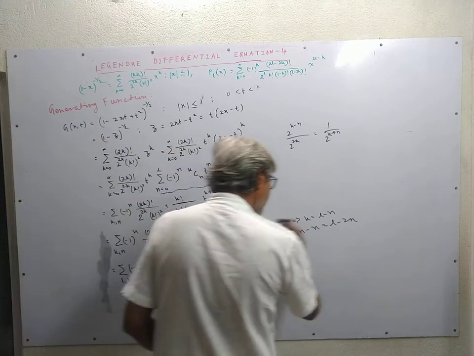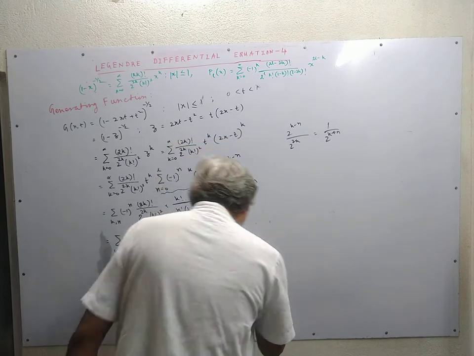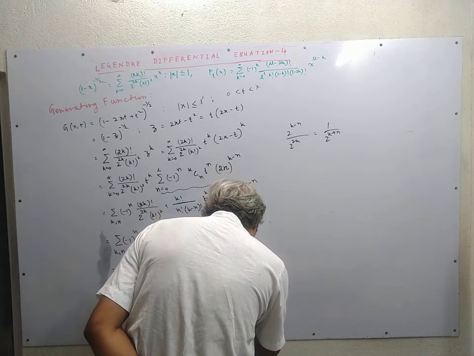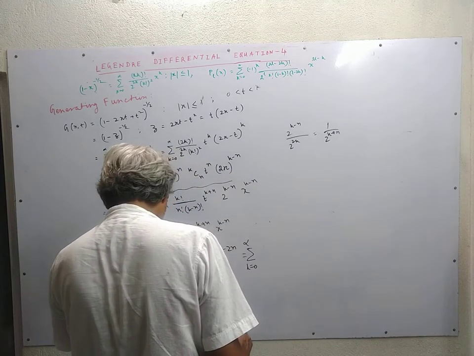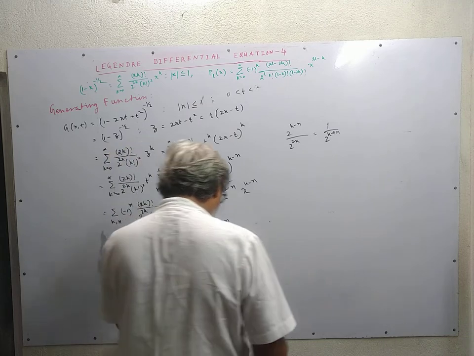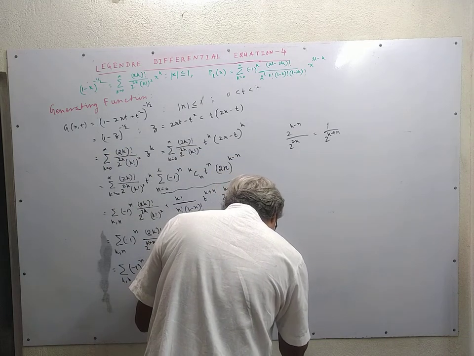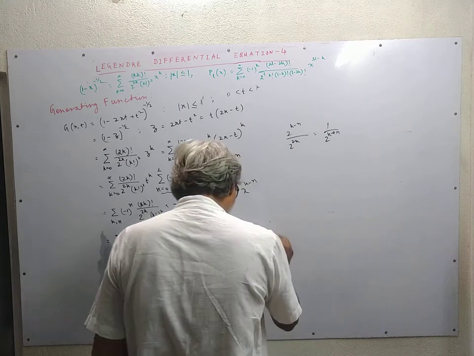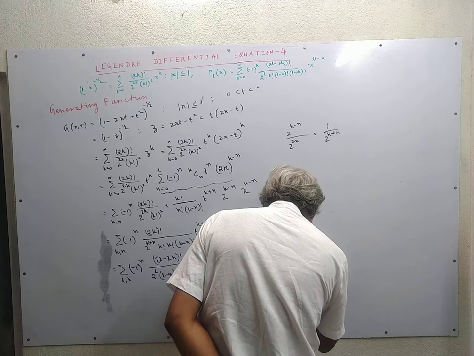Now we rewrite it as summation over L equal to 0 to infinity. Then we have t to the power L, then sum over n equal to 0 to upper limit. I will write it a bit later.